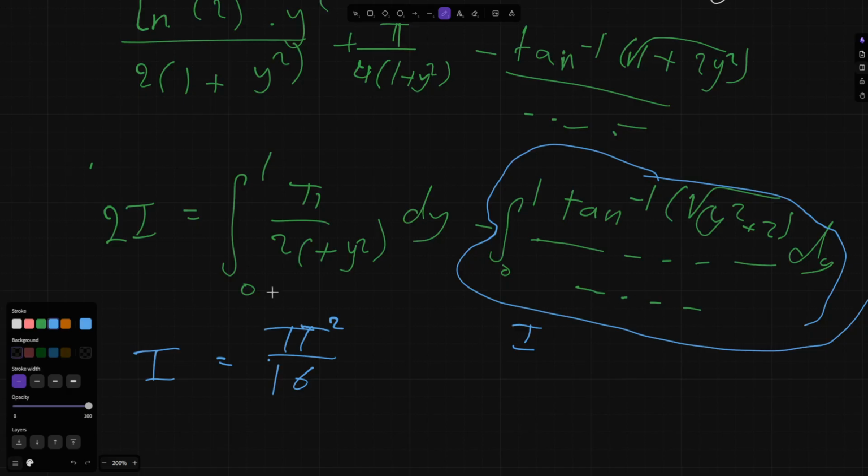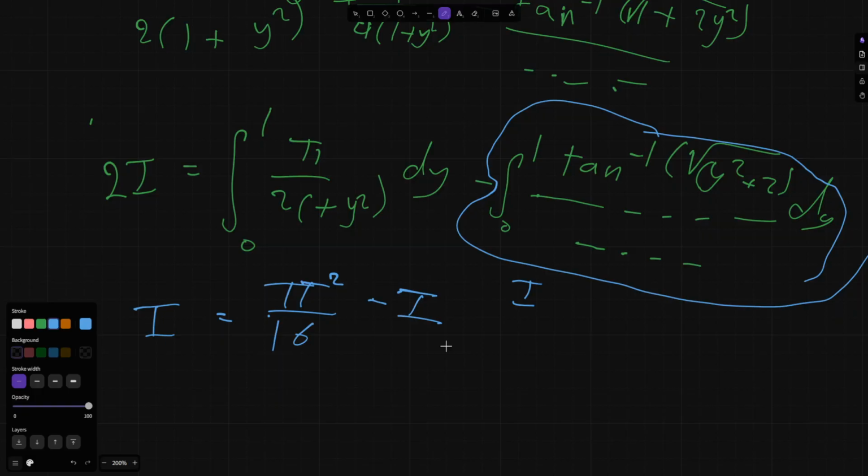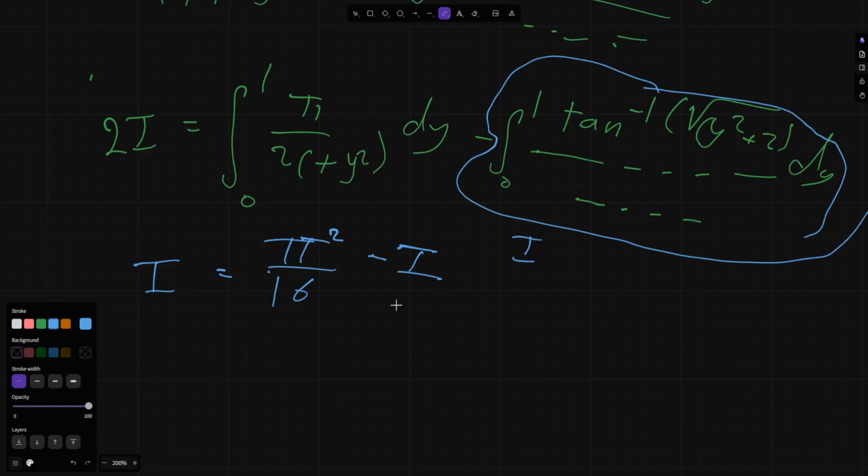After integrating from 0 to 1 this y by dy, it is going to become pi square over 16, and this part we have said has become I. So now I equals pi square over 16 minus I. Now our variation depends on the exact decomposition path taken, involving the integral of, say, tan inverse of y over square root of 2.